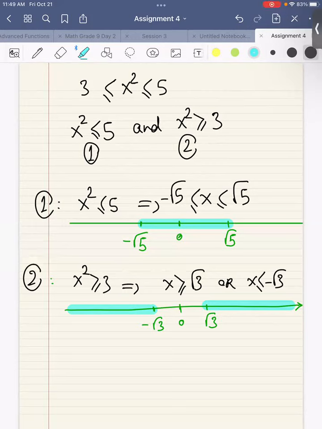Right? Yes. So let me just draw both of them closely together so you can compare.